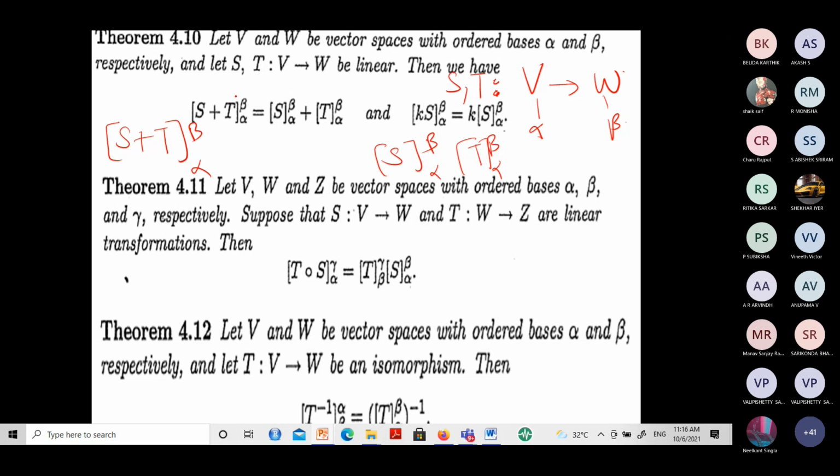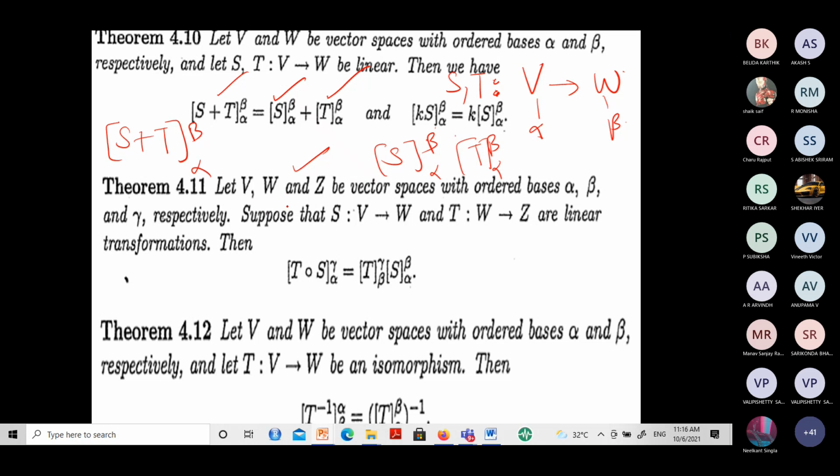So that is nothing but S alpha to beta plus T alpha to beta. Similarly, K times S alpha to beta is nothing but take K outside S alpha to beta. We can verify all these things by doing some problems. Now, next theorem. Don't worry about the proof of all these things. Just have the theorem with you. We'll study the proof.